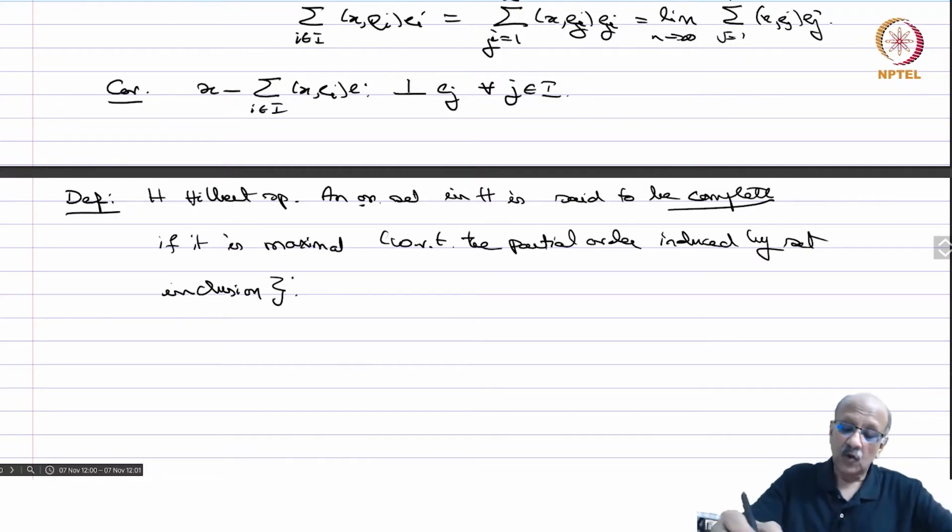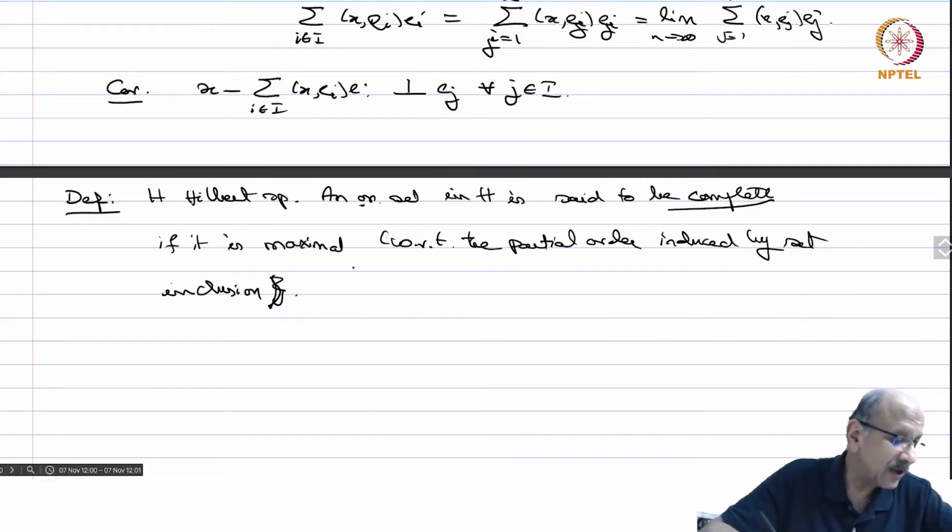That means there is no other orthonormal set which contains this one and is strictly bigger than this. So that is the meaning of saying it is maximal.